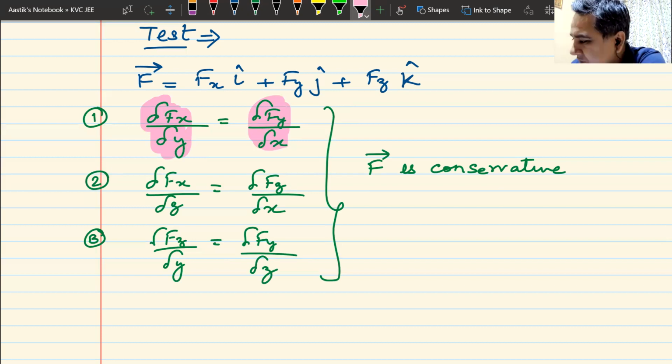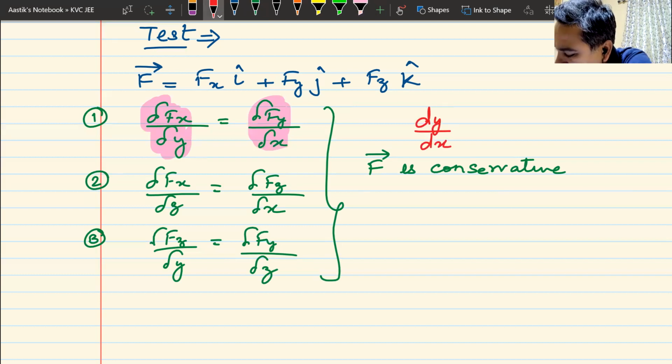Now, we already know a term known as dy by dx. Can anyone tell me what is meant by dy by dx? We have done it in much detail. What is meant by dy by dx?